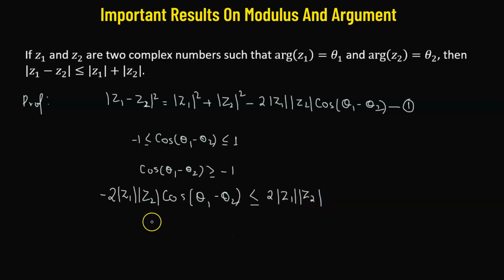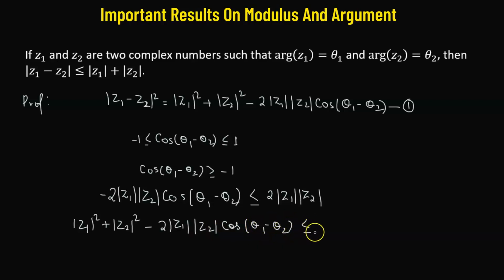Fine. Now we are going to add to both sides absolute value of z1 squared plus absolute value of z2 squared. So we have absolute value of z1 squared plus absolute value of z2 squared minus 2 times absolute value of z1 times absolute value of z2 times cosine of theta 1 minus theta 2, which is going to be less than or equal to absolute value of z1 squared plus absolute value of z2 squared plus 2 times absolute value of z1 times absolute value of z2.